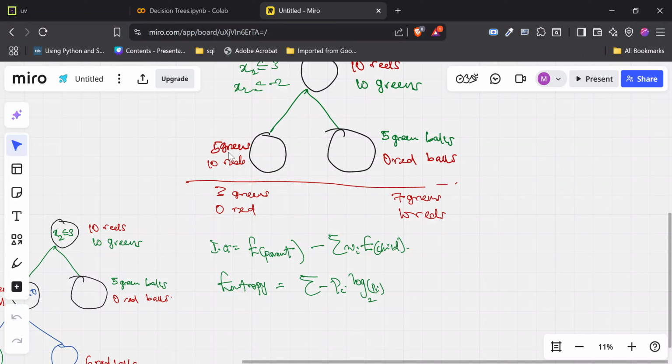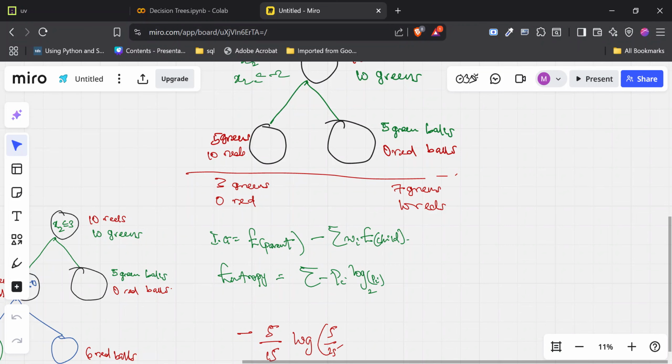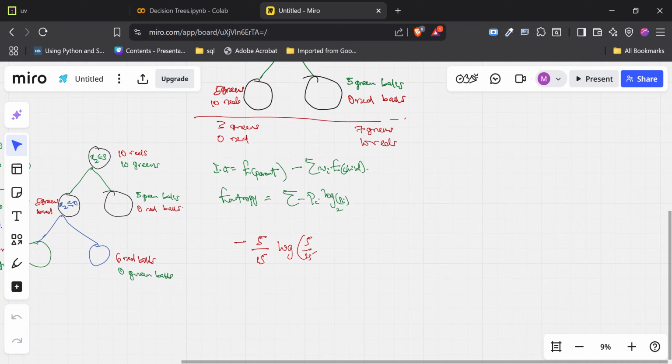For this first one here, the entropy is going to be negative green, which is 5 green, 5 all over the total here, which is 15, log 5 over 15. This is 5 over 15 minus negative red.